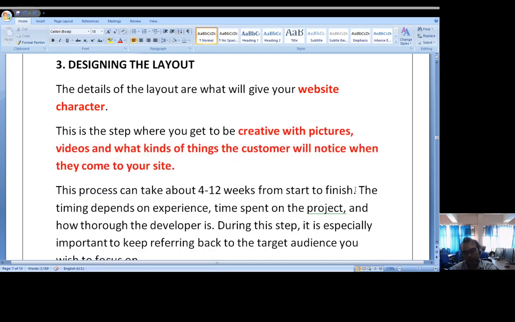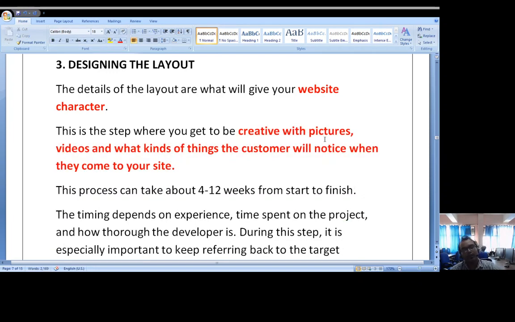Because some creative imagination is introduced in this step, it usually takes a little bit longer than needed. It used to take 4 to 12 weeks from start to finish.